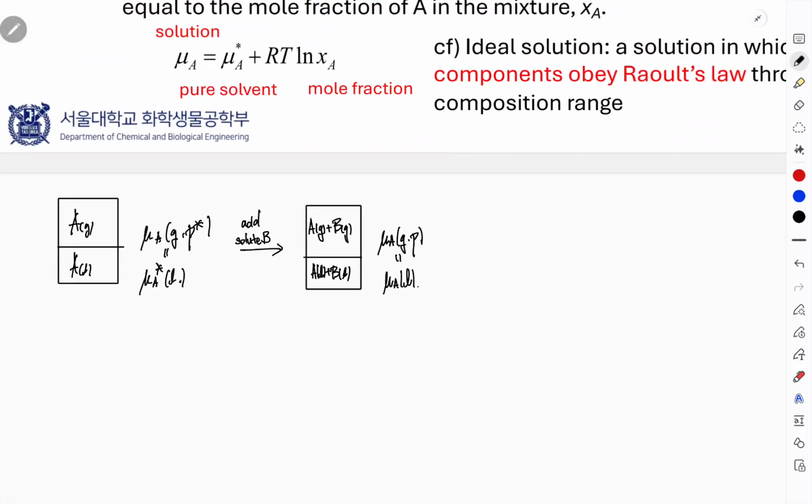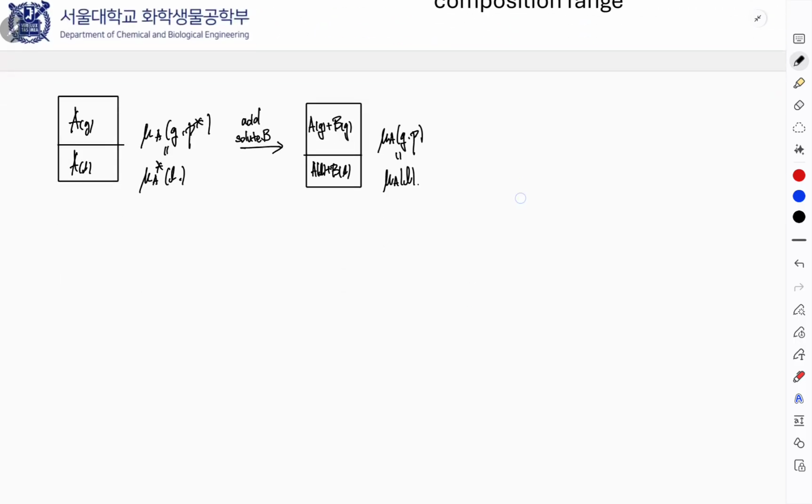So we also know this chemical potential for vapor A. The chemical potential of A in the liquid phase is the same as the chemical potential of the vapor, which is mu A naught gas plus RT ln P. The standard chemical potential is the same because it is at 1 bar.